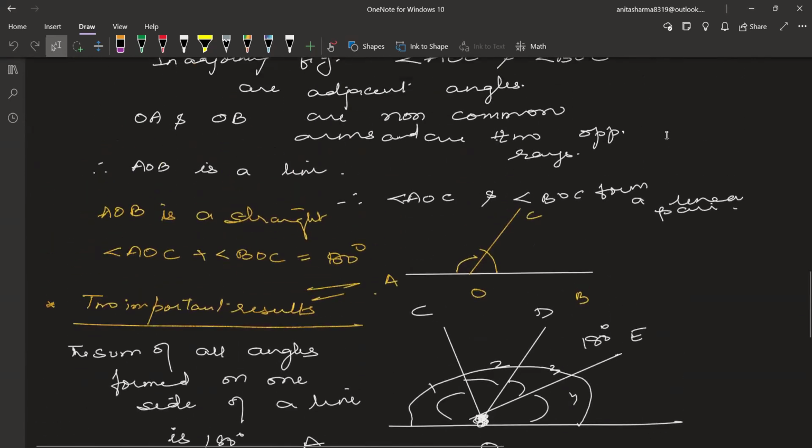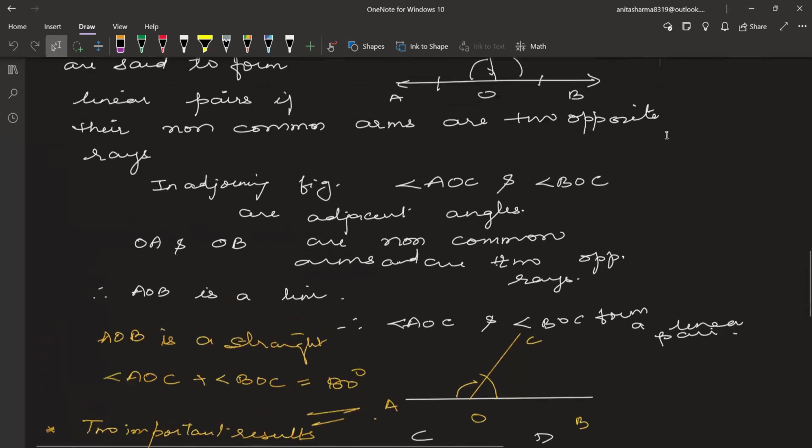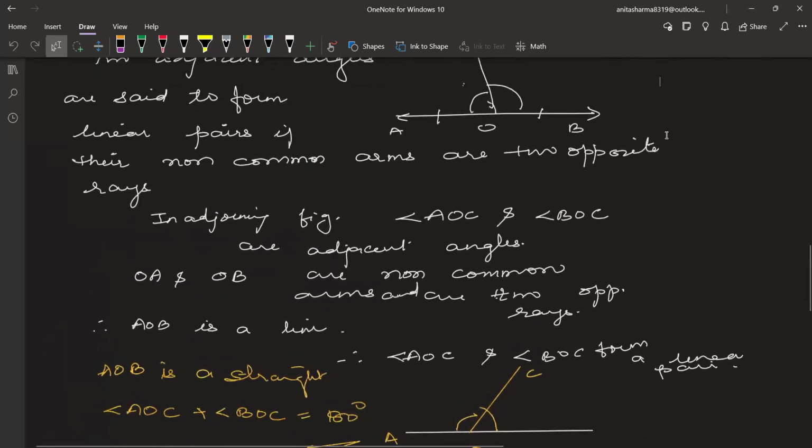See, beta, what is a linear pair? Linear pair means when angles are formed on a straight line, then their sum should be equal to 180. That is called the linear pair. We were doing this linear pair yesterday. This is the adjoining, where the non-common rays are two opposite rays.